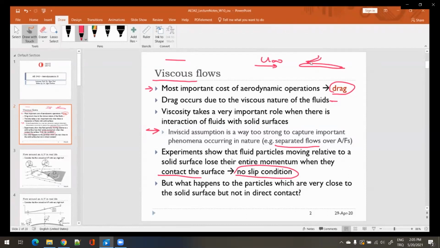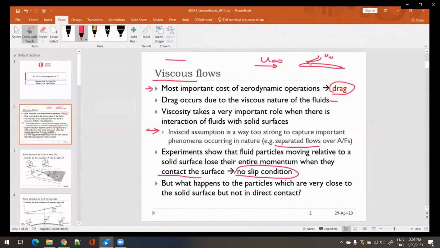If it's not linear, what is that function? I need to know exactly how it goes from zero to U infinity, because that function, the velocity variation function, can be integrated to find out how much momentum loss I have within this region where it goes from zero to U infinity.